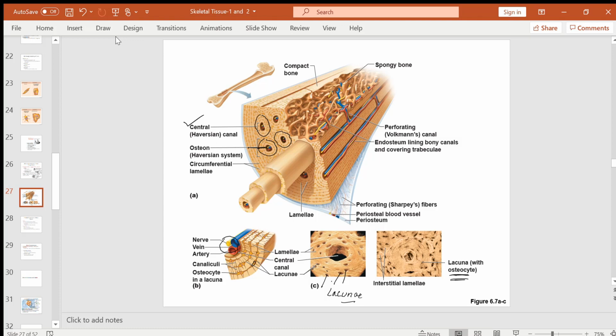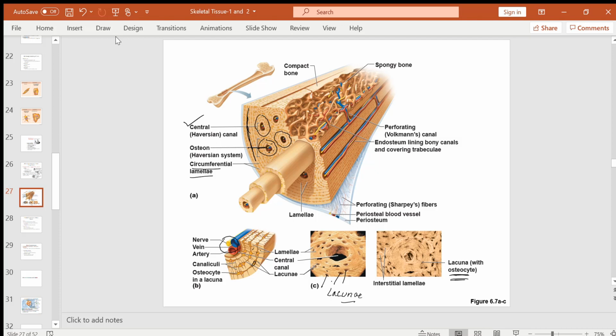Now, the matrix between the lacunae is called the lamella. So the lamella or matrix between the lacunae within the osteon is called the interstitial lamella. And the lamella or matrix that covers the whole bone, like here, that is called circumferential lamella.